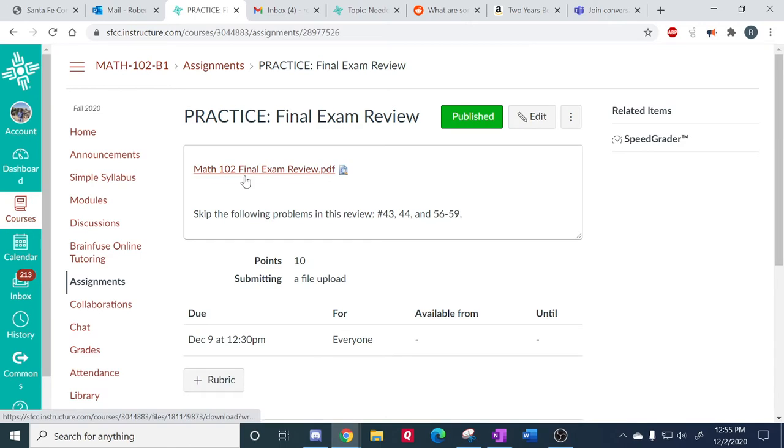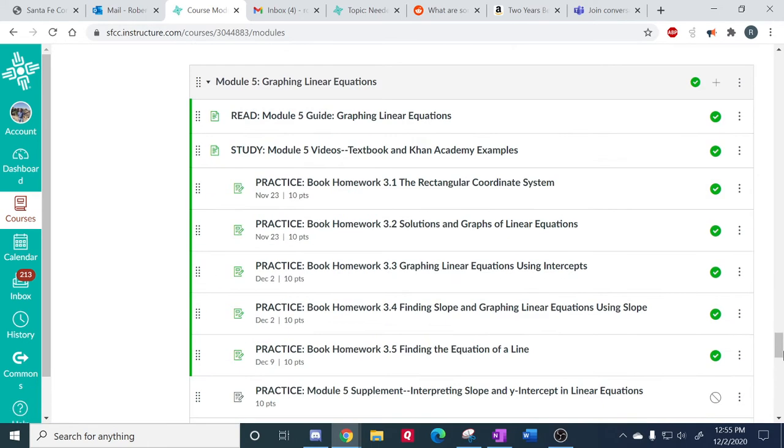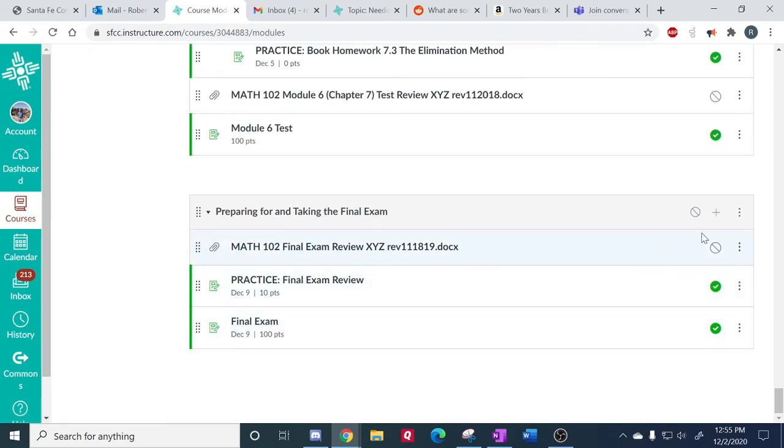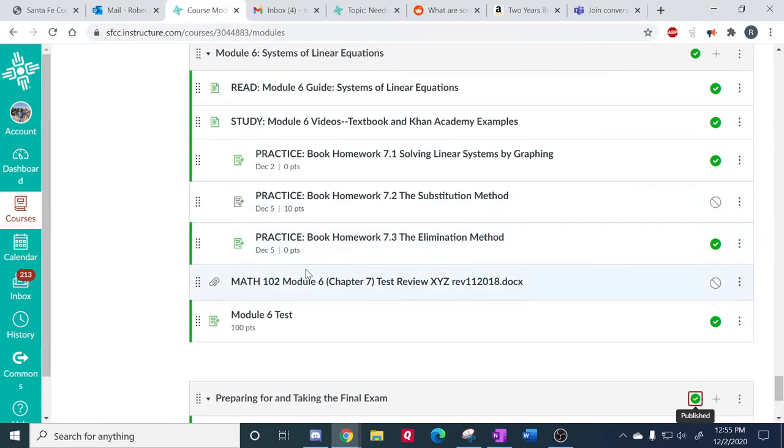All right. Let me go into the modules again. Finally, the module itself is not published. Ta-da! Now it should work if you refresh your screens.